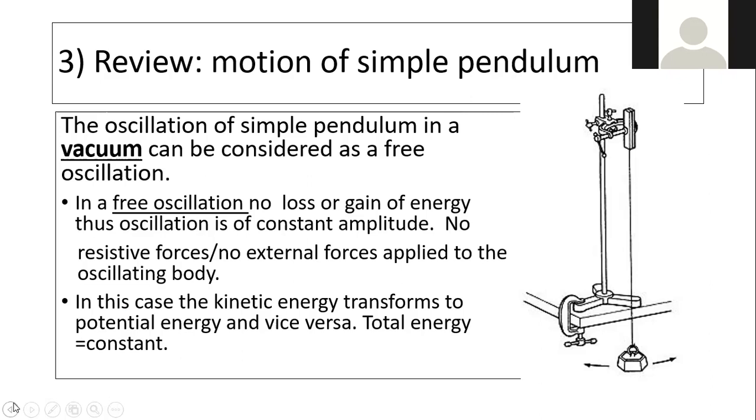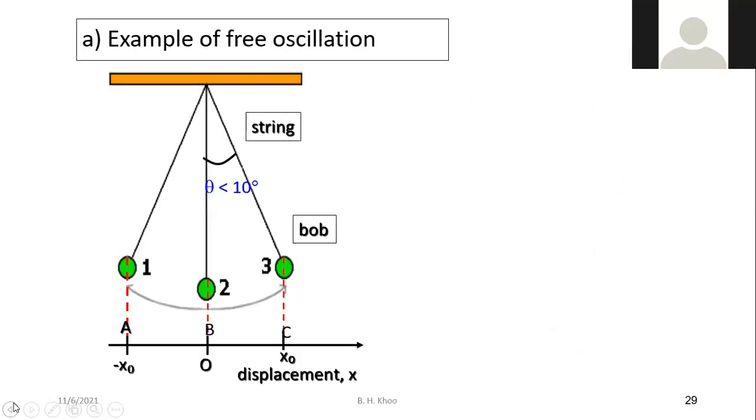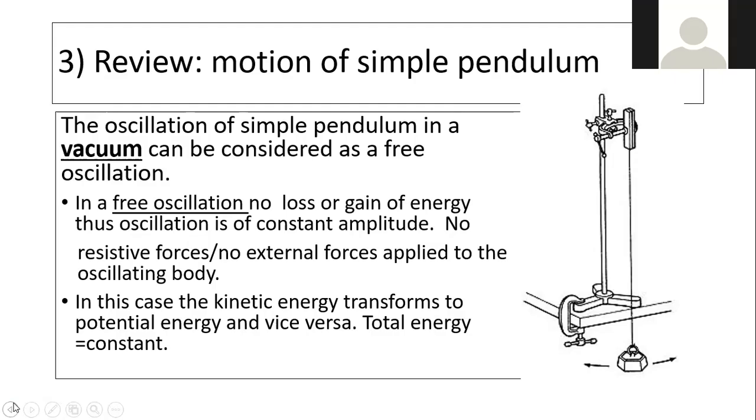It's just kinetic changing to potential, that's all. Sorry, you just listen. At the end of the course, if you don't understand, then you ask. Basically, you have forgotten all your SPM.